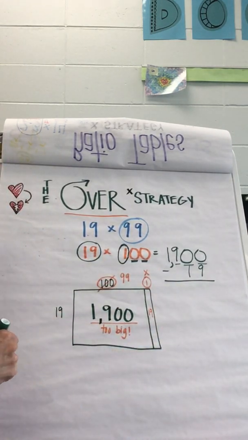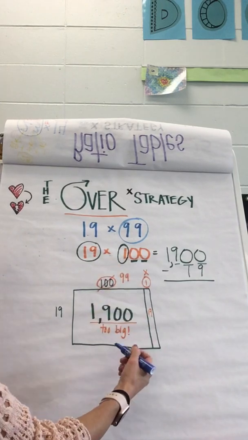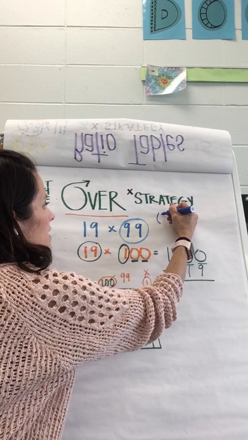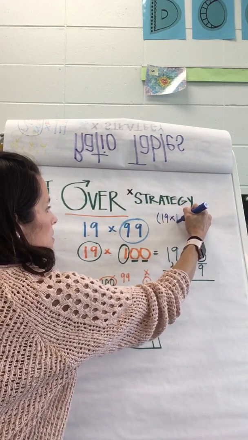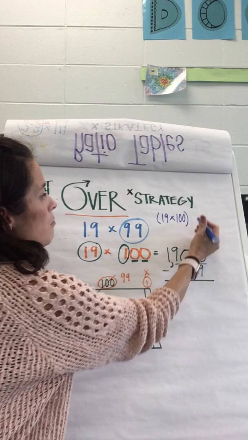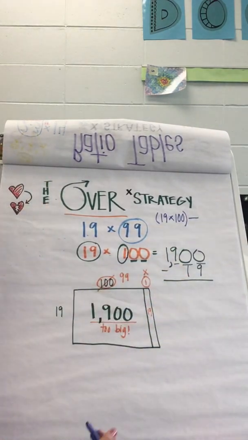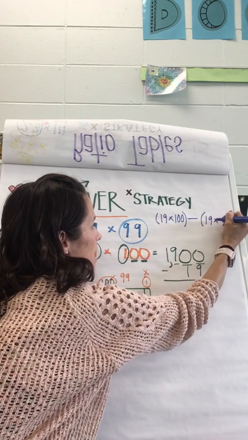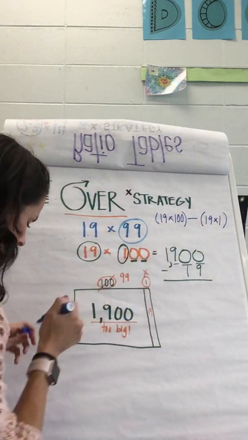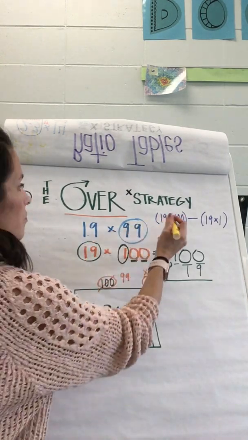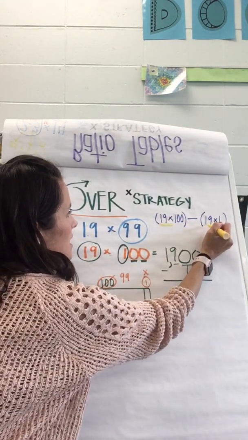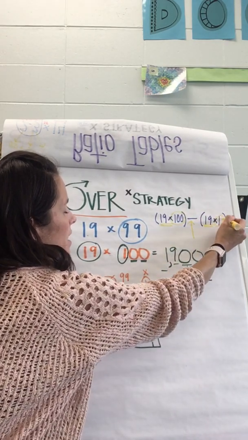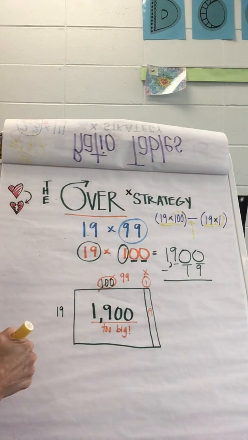I think something that might help is seeing it in an equation. So we're really doing 19 times 100, but then we have to, instead of adding like yesterday, take away 19 times 1. So really, if you look, 19 times, and the 100 minus 1 gets us that 99, okay?